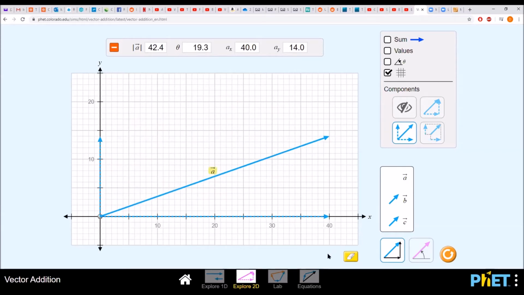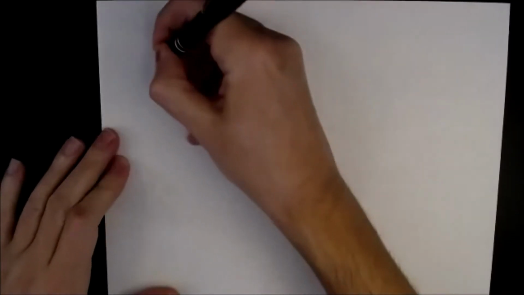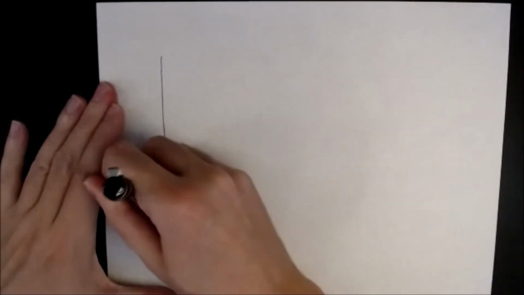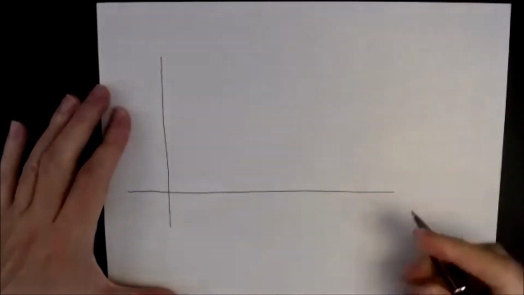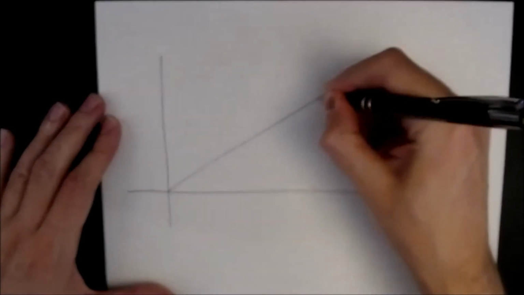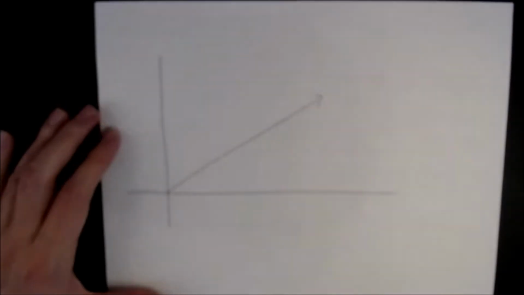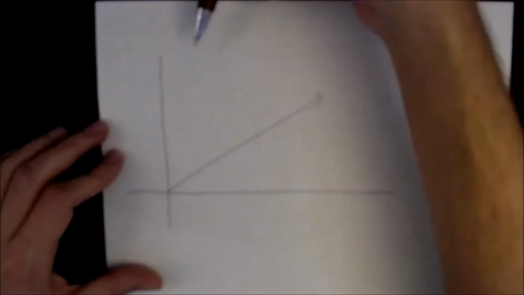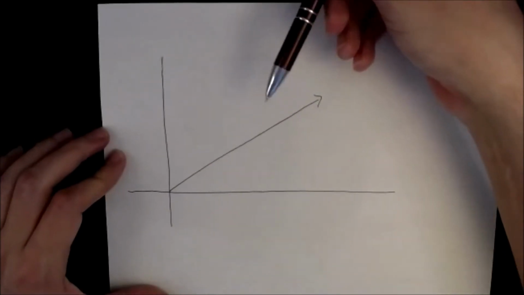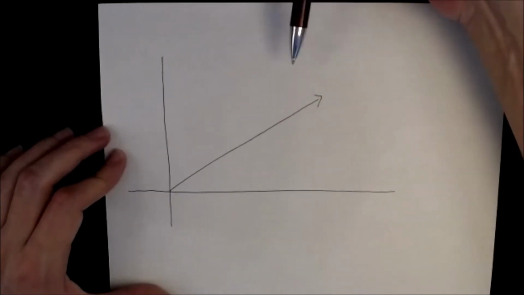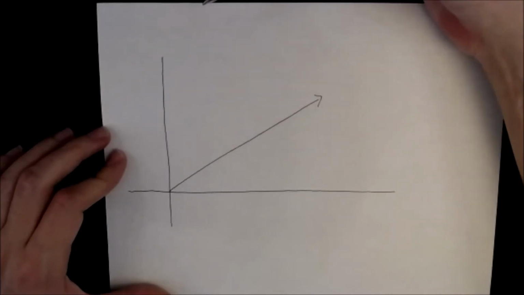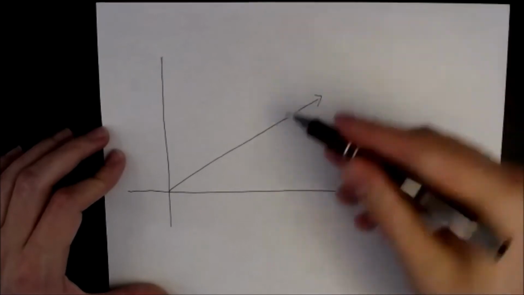One way you can think about this, if I have my coordinate system like this, and I've got some vector like that, I can imagine a very bright light way up at y equals positive infinity, shining down.